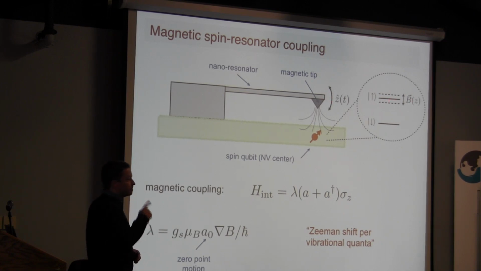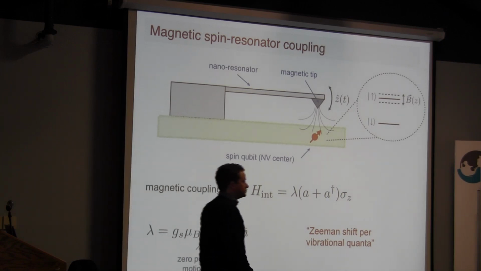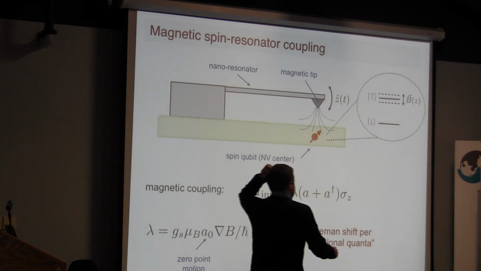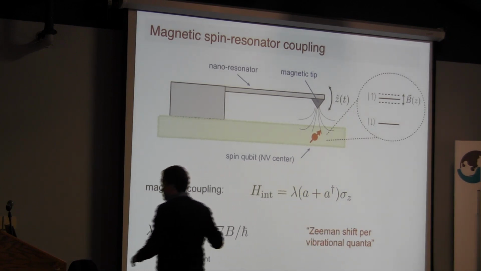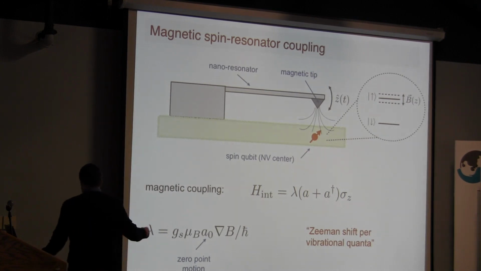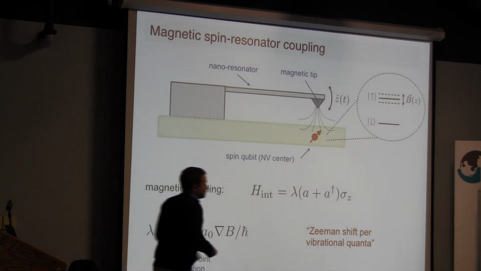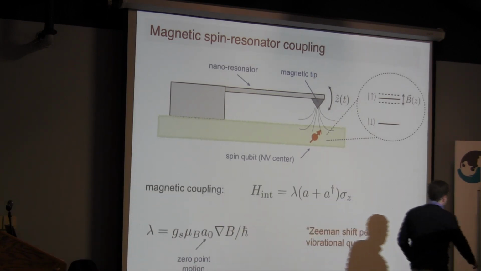So sigma z takes the down state at 0 and the up state at plus 1. I will be more precise later. How can you differentiate plus and minus?